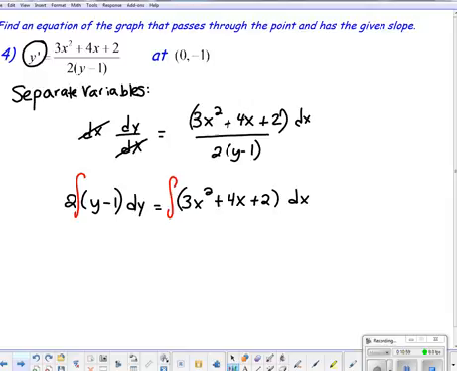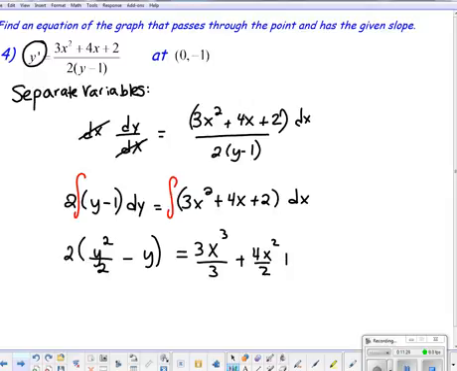And if I integrate this, I'm going to have 2 times y squared divided by 2 minus y plus a c, but I don't need to write that one. And then I'll have x cubed. Now I'll just write out 3x cubed divided by 3. The 3's are going to cancel. Plus 4x squared divided by 2.